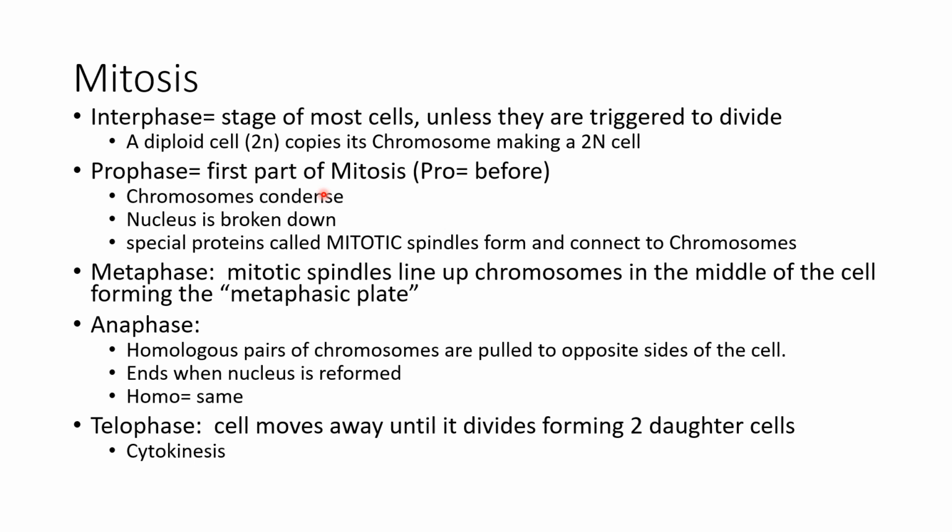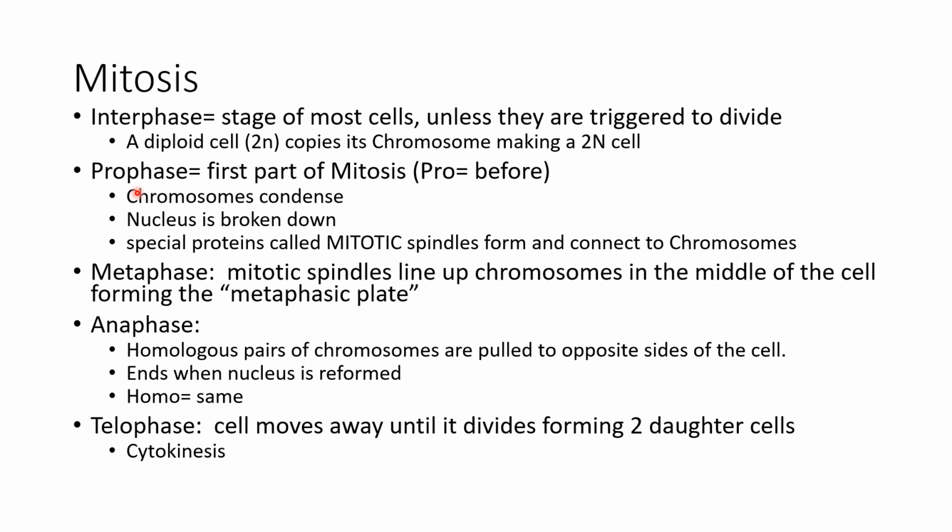So in prophase, pro means before, the first phase, you're trying to get the cell ready. In interphase, before the cell divides, the chromosomes are not really easy to see. You'll probably see a blue nucleus based on the staining, but you're not going to be able to make out the chromosomes.